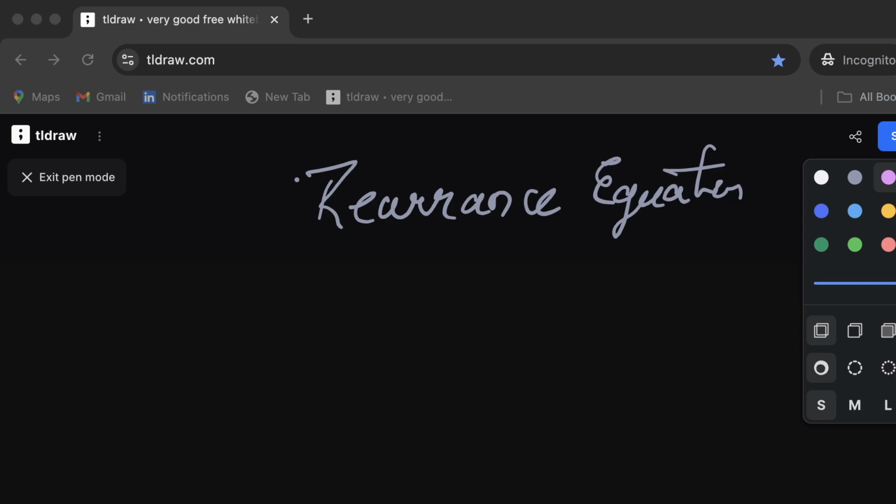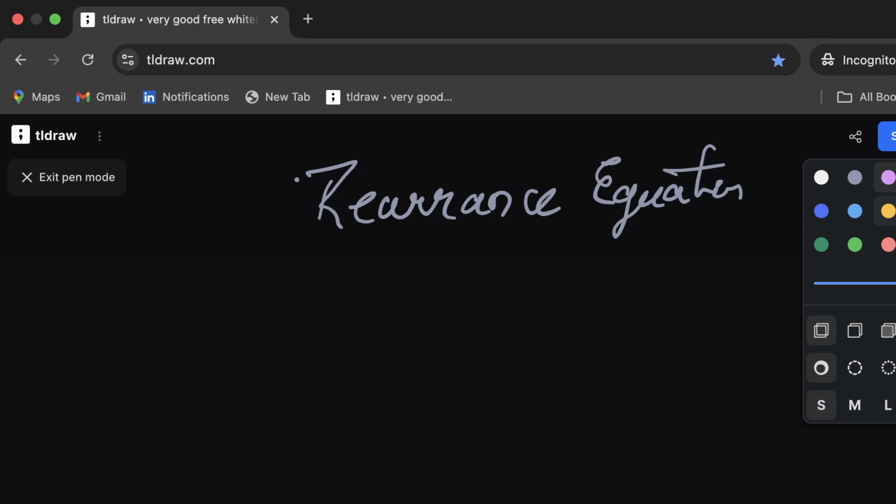Now, what we are going to define is a relation. A recurrence relation is a mathematical expression that expresses the time complexity of a recursive algorithm in terms of its sub problems, in terms of time, right?